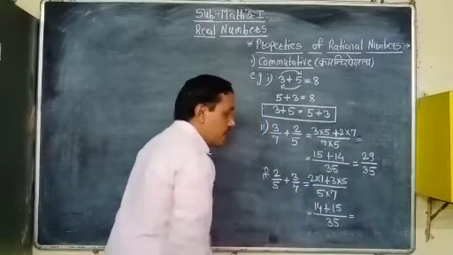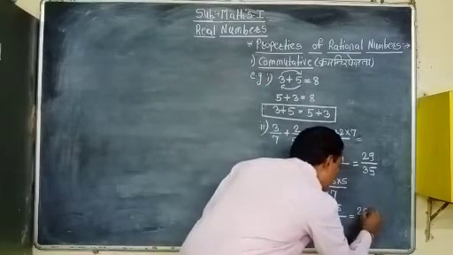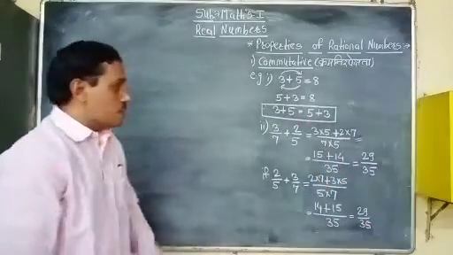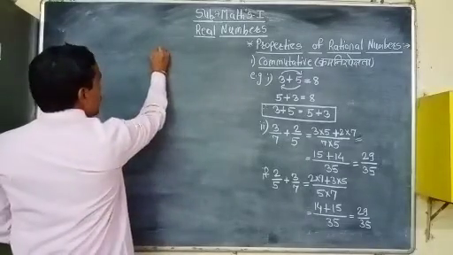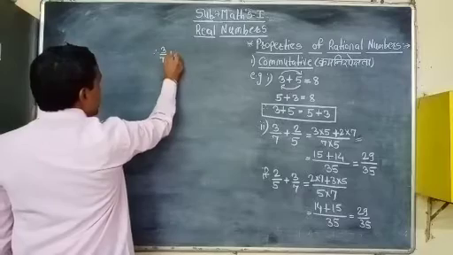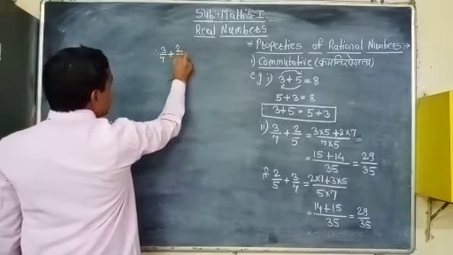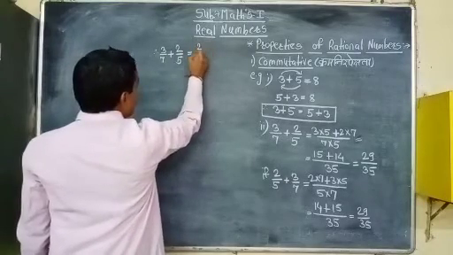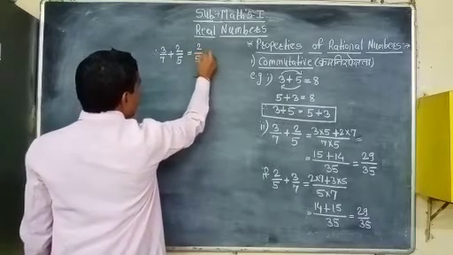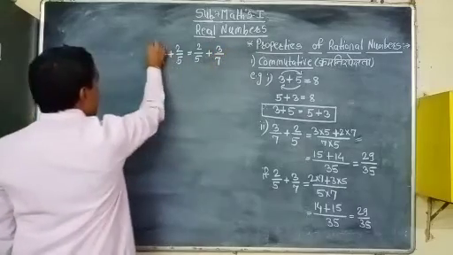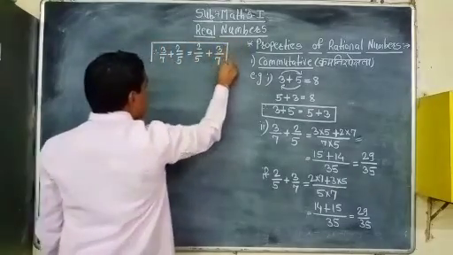So we also get 29 by 35. Therefore, 3 by 7 plus 2 by 5 is equal to 2 by 5 plus 3 by 7.